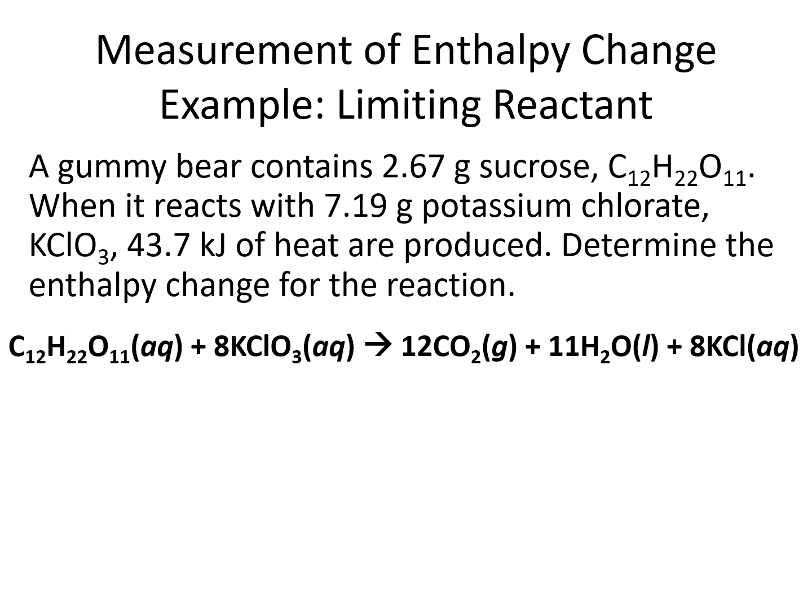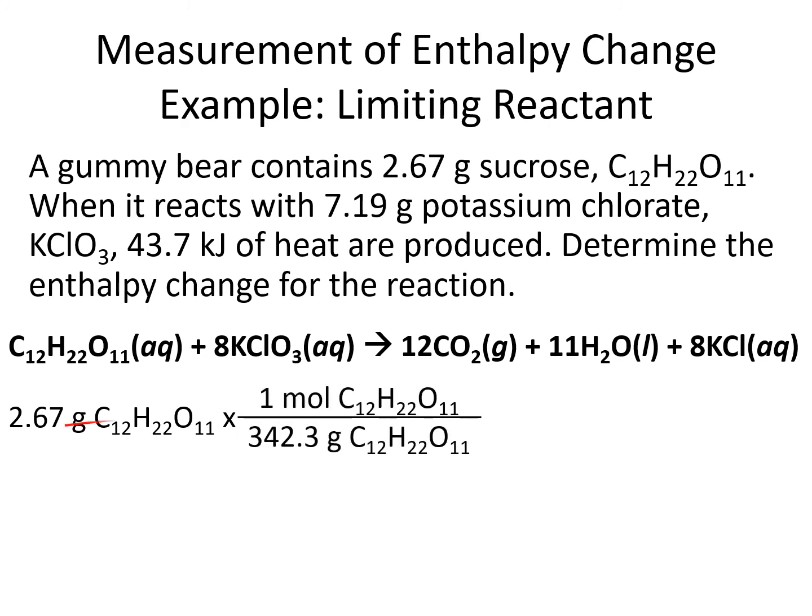The first thing we're going to have to do is go from grams of sucrose to moles of sucrose by dividing by the molar mass of sucrose. Notice that grams cancels out with grams, and molar mass always goes next to grams. So that gives us 0.00780 moles of sucrose. Then we can go from moles of sucrose to moles of one of the products.